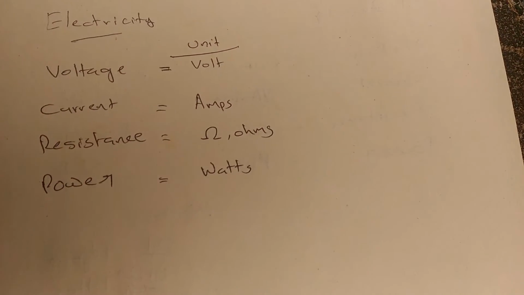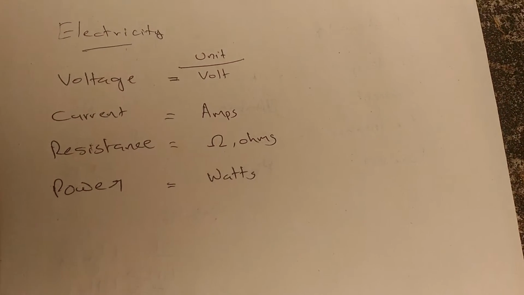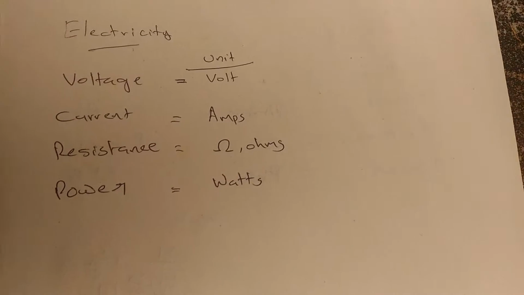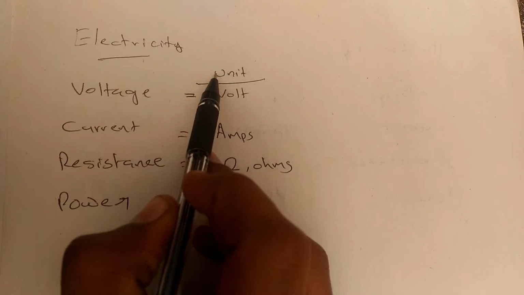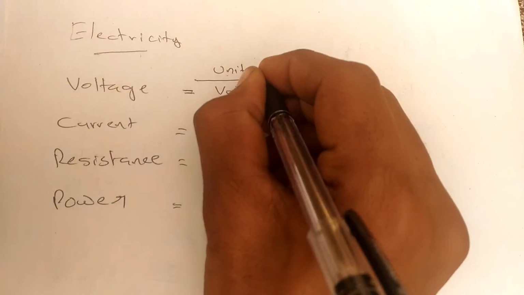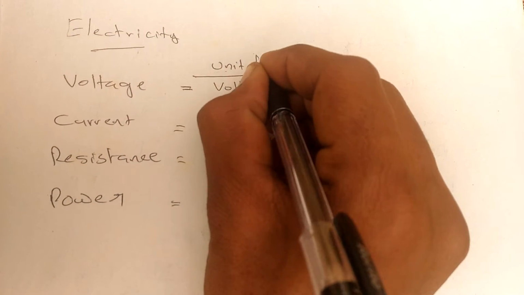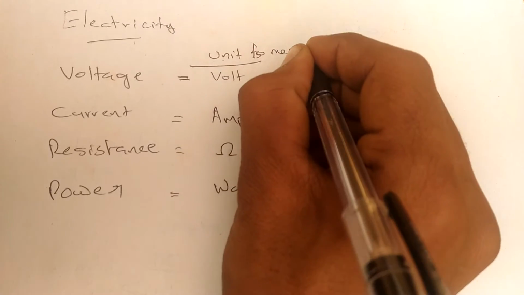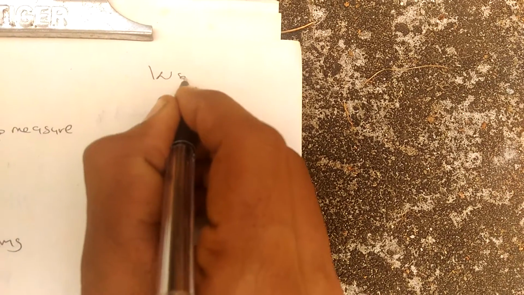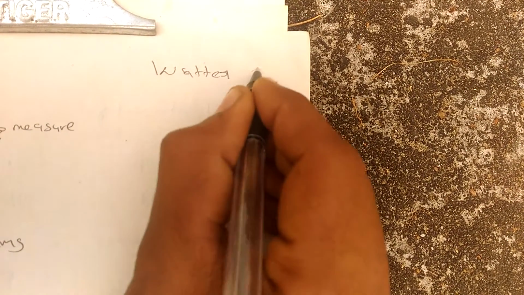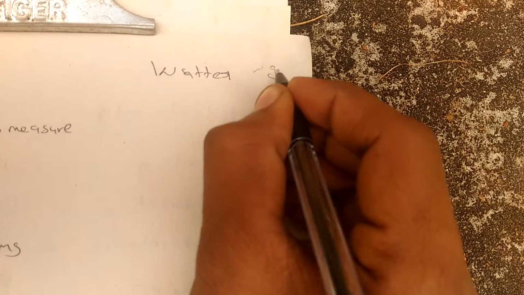I have noticed from my childhood itself that most of my friends are unaware of what the term unit of measure means. I may say you know that you cannot measure water by gram.